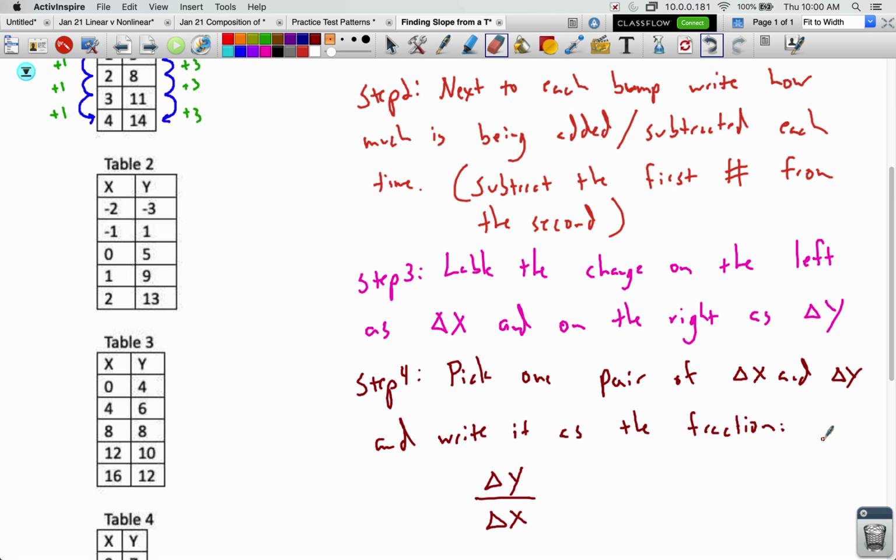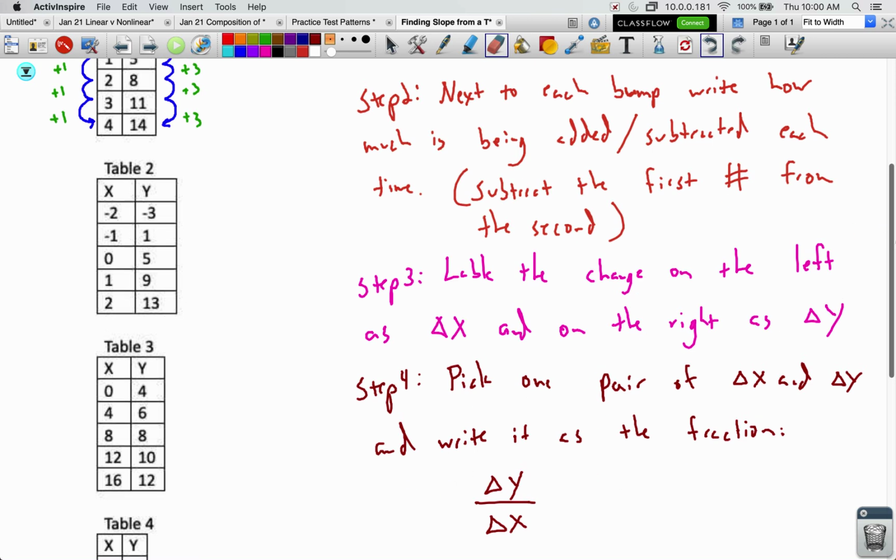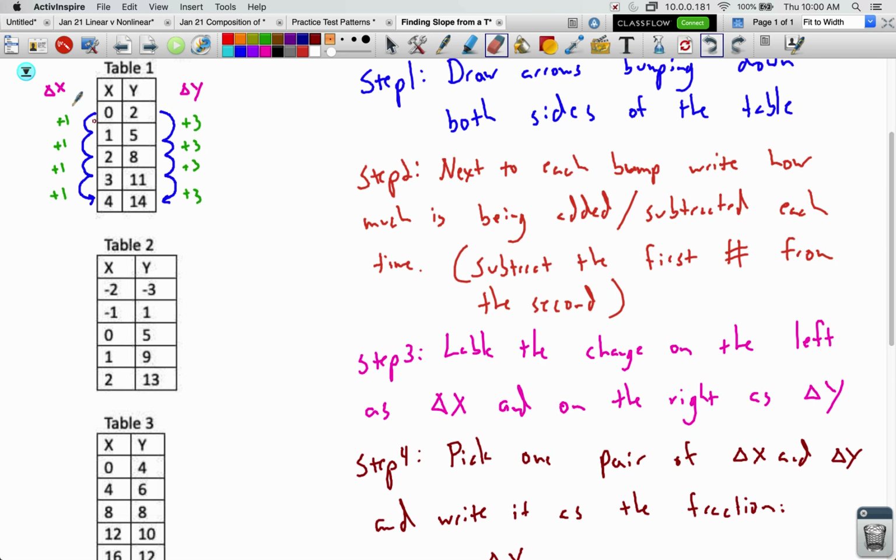Pick one pair of delta x and delta y and write as the fraction delta y over delta x. So the vast majority of the time, these are the same number, so it doesn't matter which pair you pick. If we see some variations, you would actually probably want to compute every single delta y over delta x to make sure it's constant, to make sure this is linear. But I'm just going to do 3 over 1, so delta y over delta x equals 3 over 1.